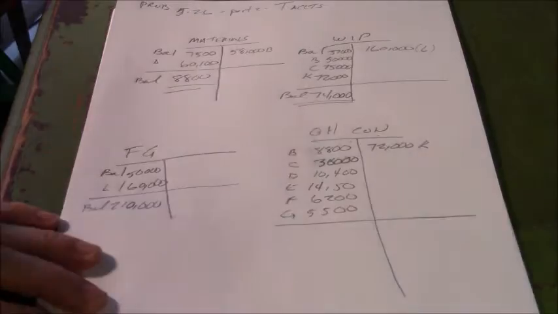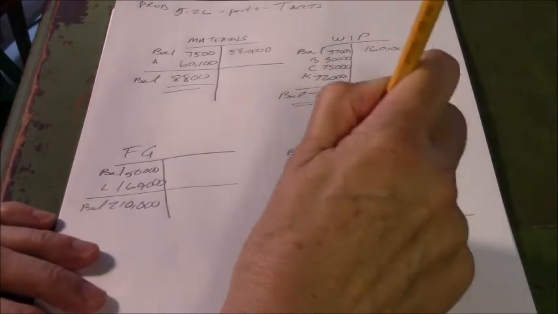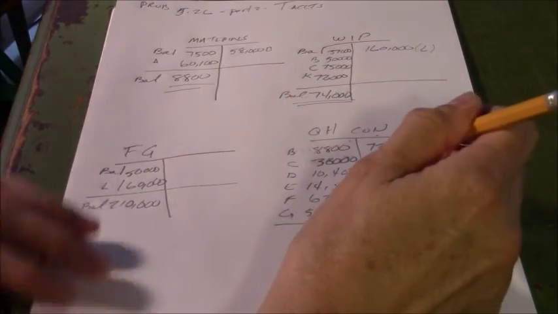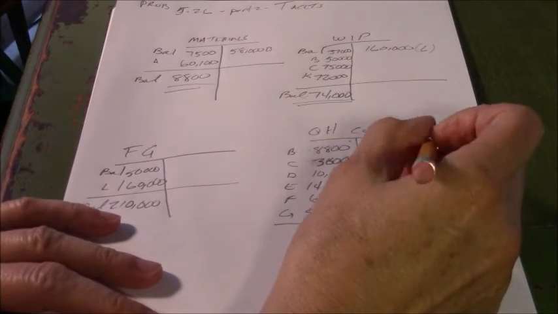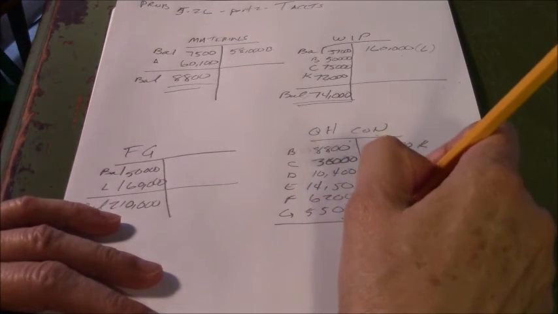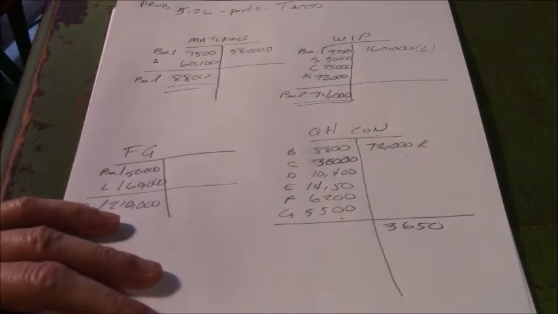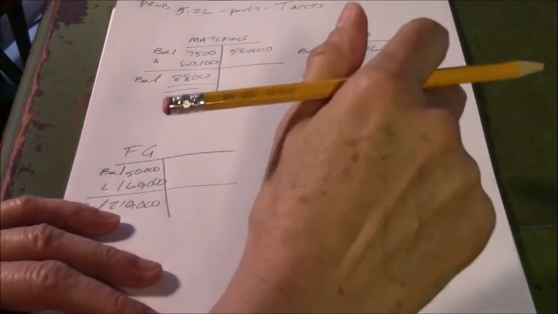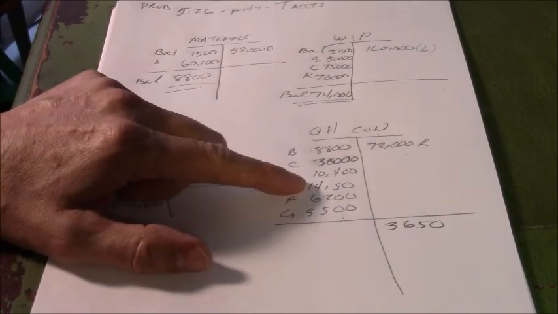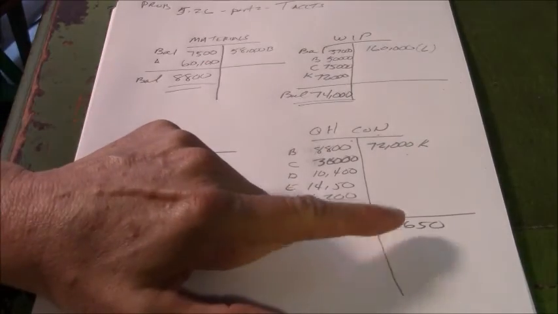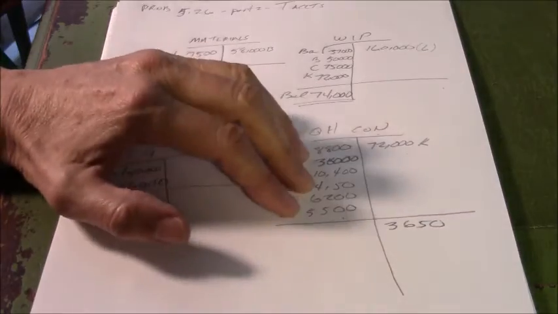And overhead, we add up all our overhead, we subtract all that we applied, and we see that we have a credit balance of $36.50, right? So that means this side was bigger than this side, and so we've over-applied our overhead a little bit.